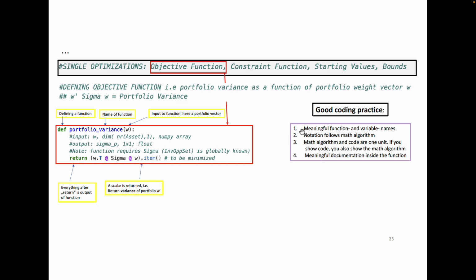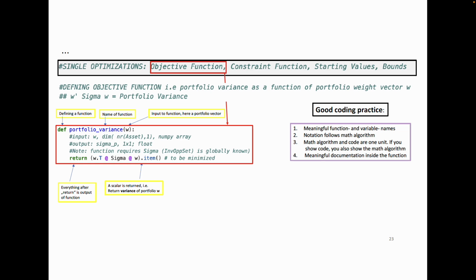Good. Now here, what I consider good coding practice, you see that the function name is meaningful, portfolio variance. You could argue maybe I should call it portfolio return variance. That's all right, but on the other hand, it makes the title long, right? And we like to have short titles. You could make it very short, call it sigma square r.